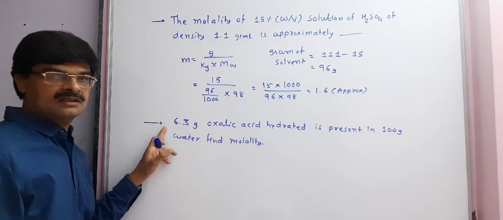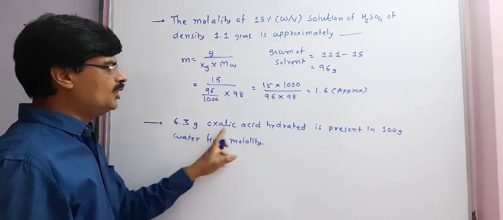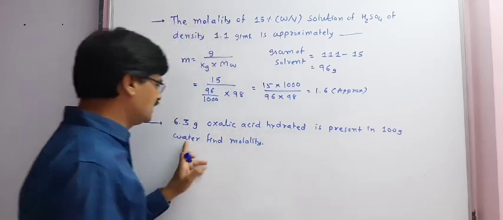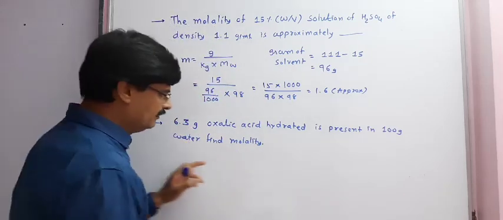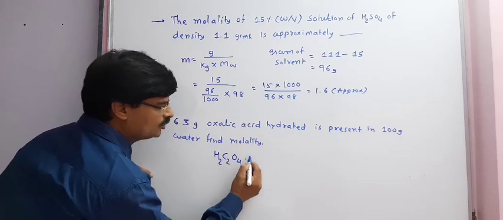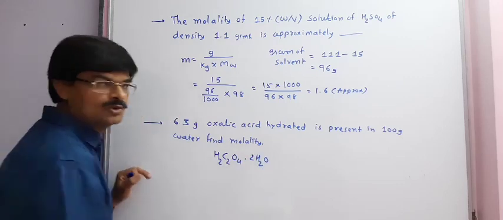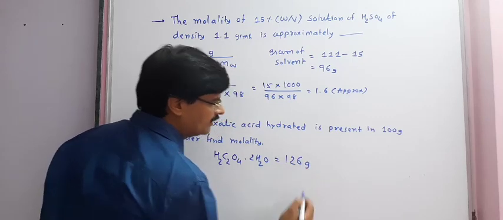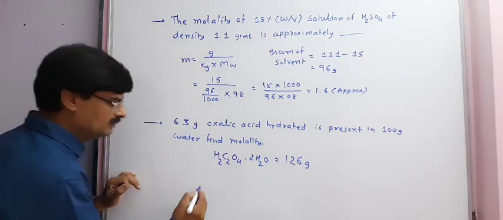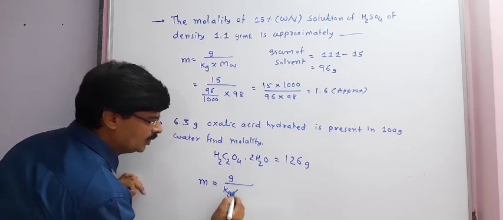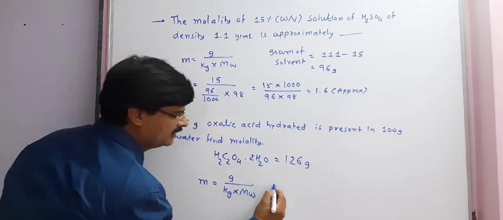In the next question, 6.3 gram oxalic acid hydrated is present in 100 gram water. Find molality. Oxalic acid hydrated formula is H2C2O4·2H2O, whose molar mass is 126 gram. Molality is equal to gram per kilogram into molecular weight.